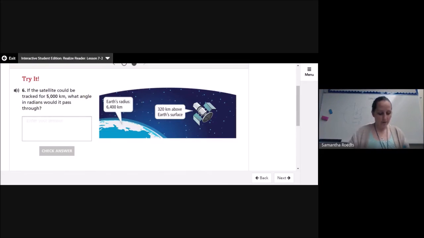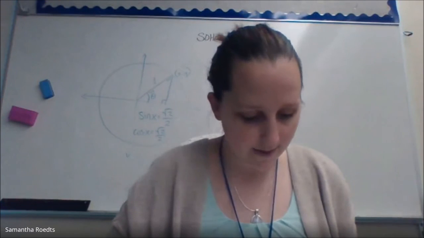So I have that radian measure equals the length of the intercepted arc over the radius. We know that the radius was 6,400 plus 320, which is 6,720. And the length of the arc is 5,000.